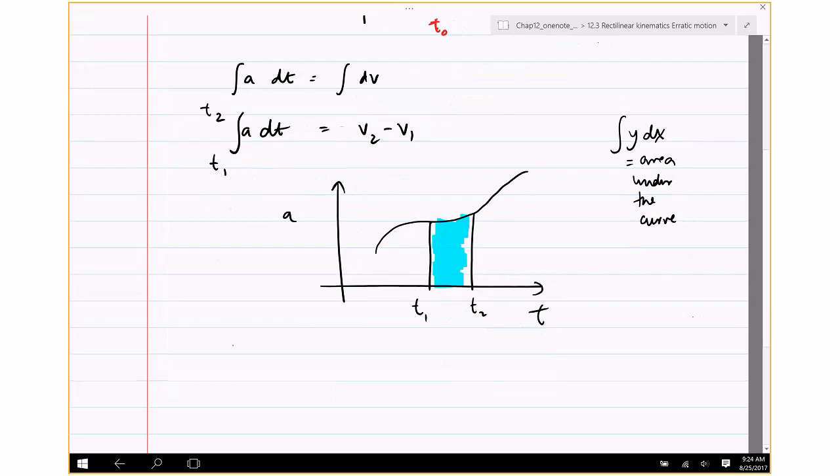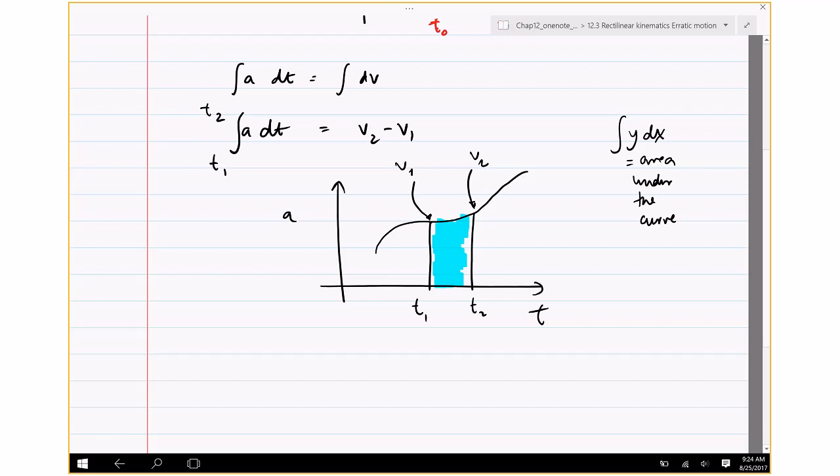If the velocity at this point is v1, and the velocity at that point is v2, v1 and v2, by the way, are not anywhere on the x or y axis. What is on the y-axis is acceleration, and what's on the x-axis is time.